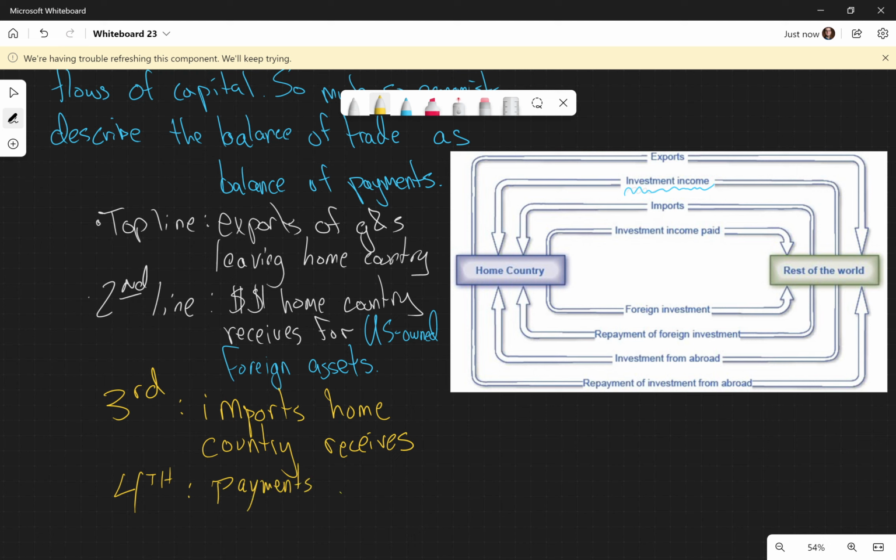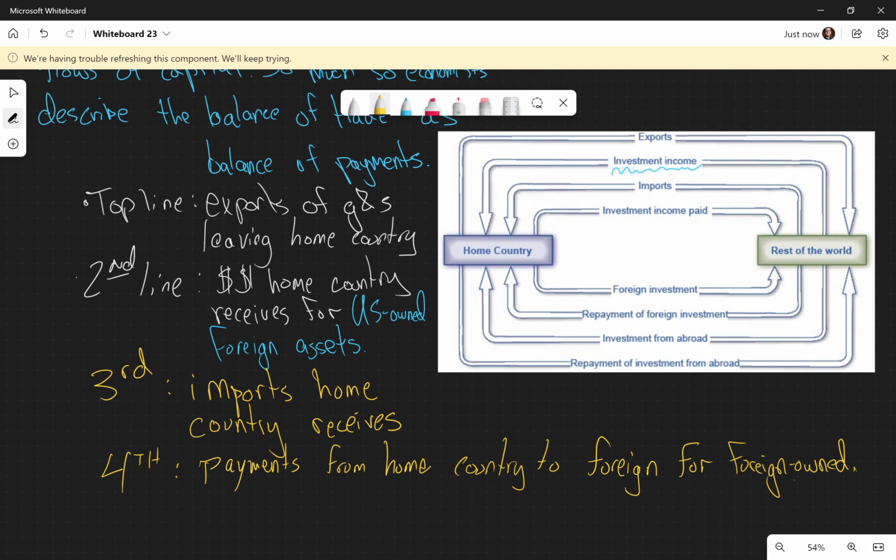Payments from home country to foreign for foreign-owned U.S. assets. Does that make sense, that naming convention?